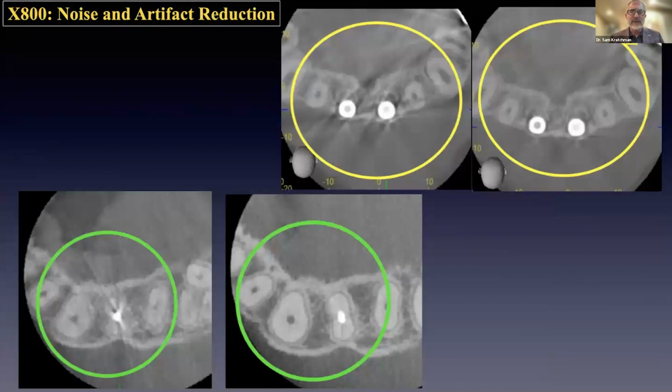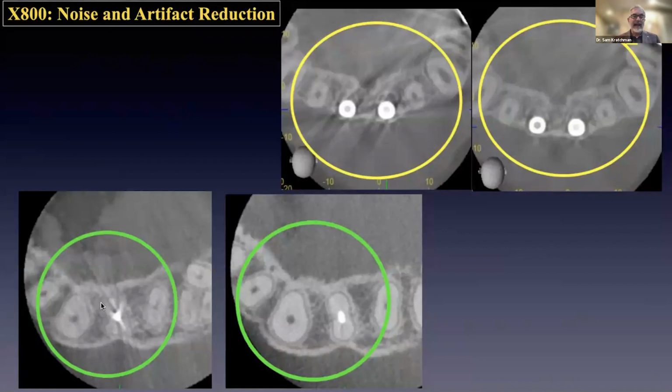Now, my newest office, which I opened December of 2022, I have the newer model called the X800 of Morita, and it has this artifact reduction in noise. So noise is similar to the term artifact. It's scatter. It's especially when you have metal objects like a porcelain fused to metal crown or zirconium crown or metal posts or even gutta percha or implants, even if it's not right next to the tooth, you get a lot of scatter.